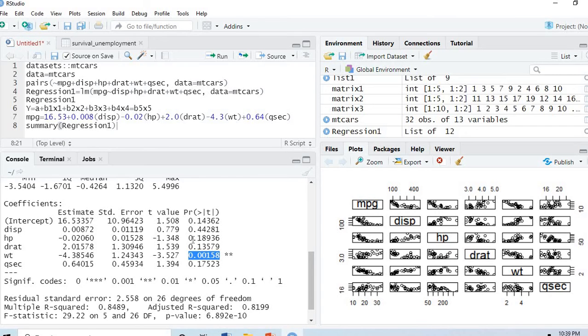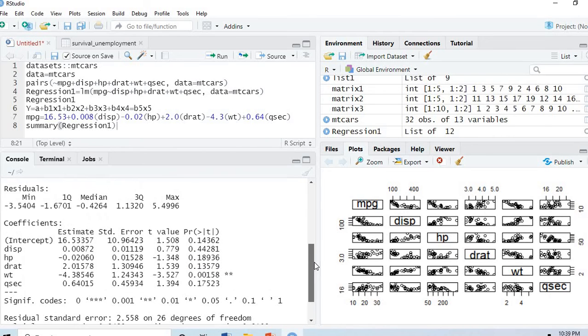It indicates that amongst these 5 independent vectors, only weight is the one independent vector which significantly affects the miles per gallon, which significantly affects the mileage. The rest of the independent vectors are non-significant due to their higher p-value, greater than 0.05.